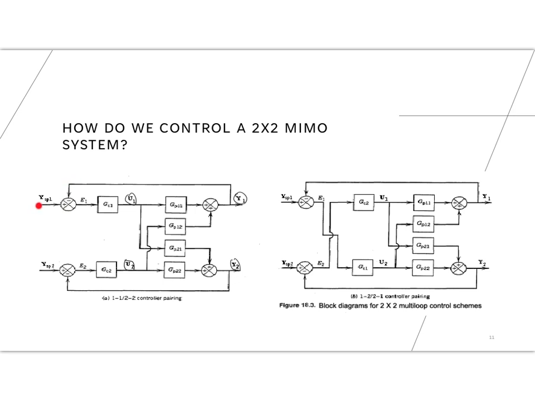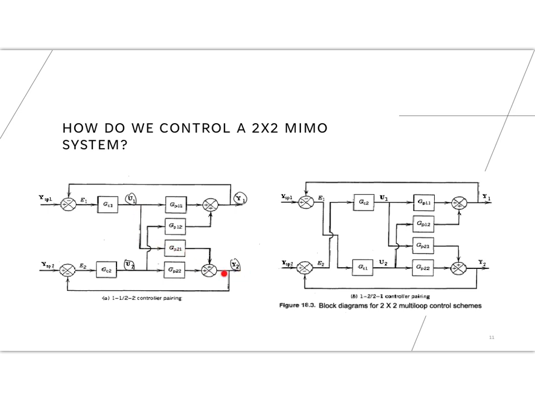We're comparing to the set point to calculate an error, sending it through the controller, which changes the flow rate through U1 using a valve. But U1 is also an input to process 2 for output variable Y2.